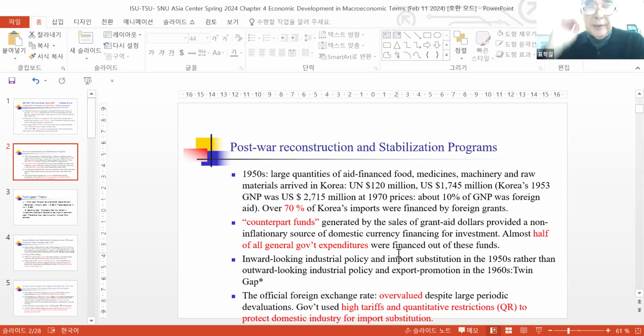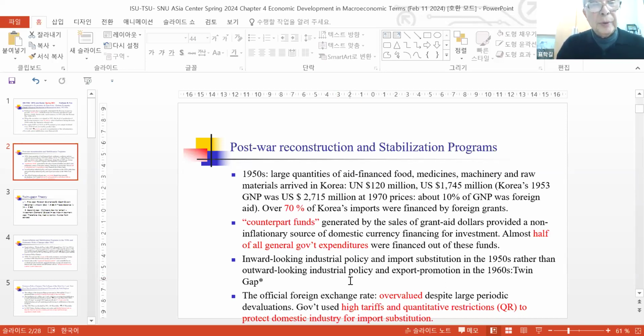Only after the 1960s, due to President Park's outward-looking industrial policy, normalization of diplomatic relations with Japan, and foreign capital inflow, they started building an export base.